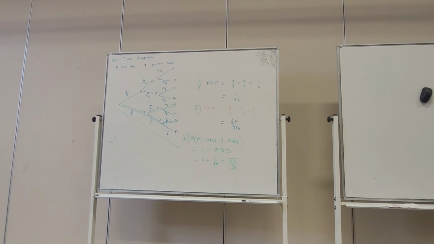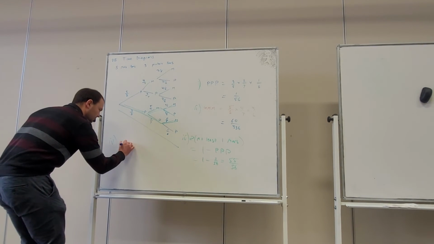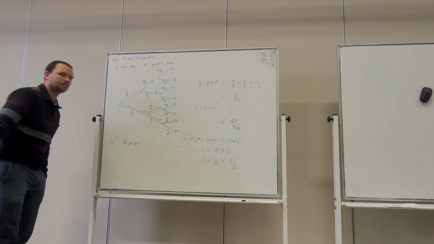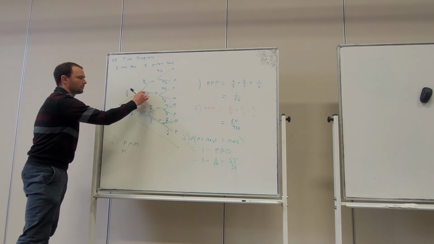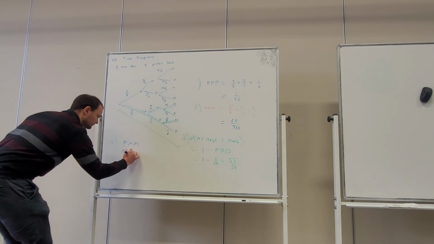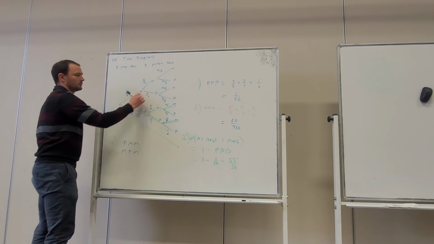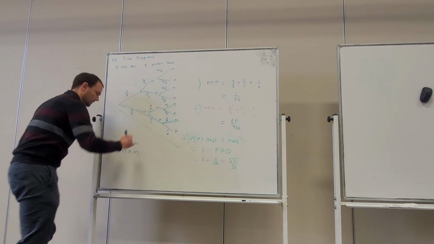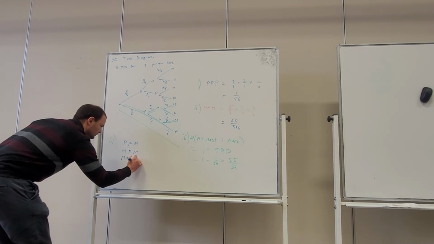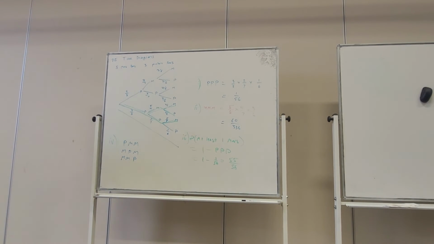Actually, that might be a good way for us to do it. You could get a protein bar, a Mars bar, and then a Mars bar. You could get a Mars bar, a protein bar, and then a Mars bar. Or it could take this path: Mars bar, Mars bar, protein bar. The quickest way for us to do that, there's only 3 ways it can happen, is to calculate each path and then add them together.